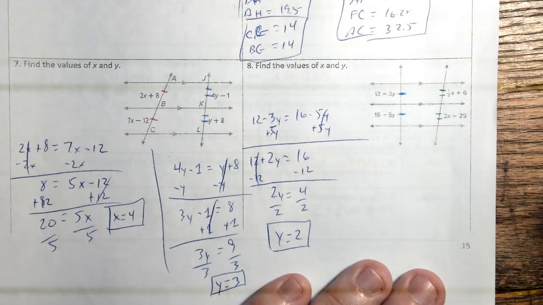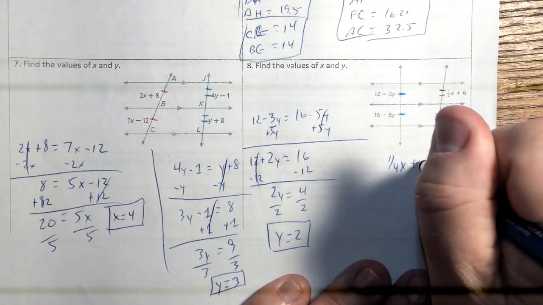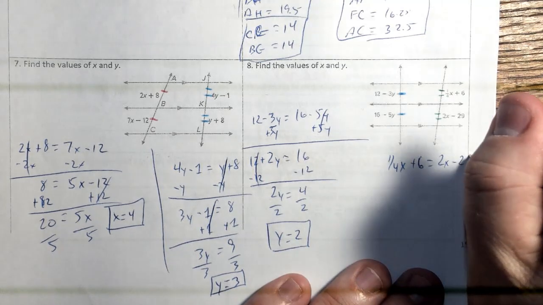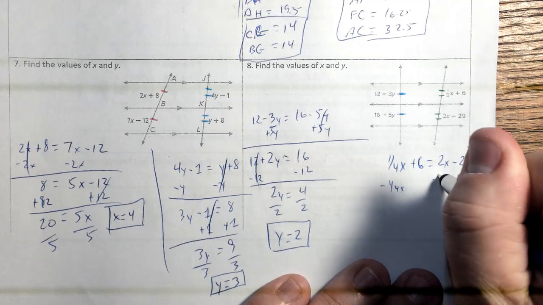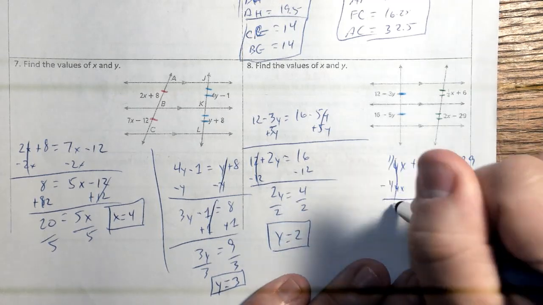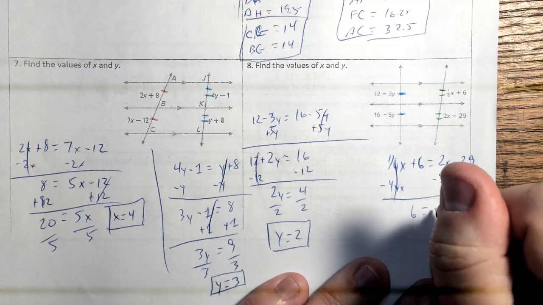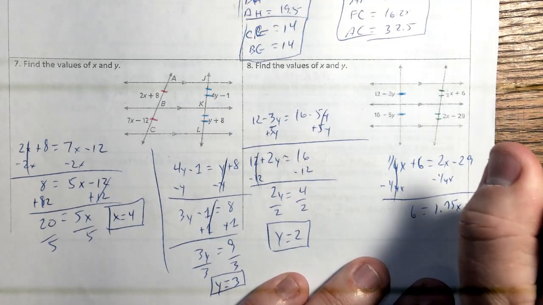This side. 1/4 x plus 6 equals 2x minus 29. Let's subtract the quarter x from both sides. They cancel. 6 comes down equals 2x minus a quarter x is 1.75 or 1 3/4 x minus 29.